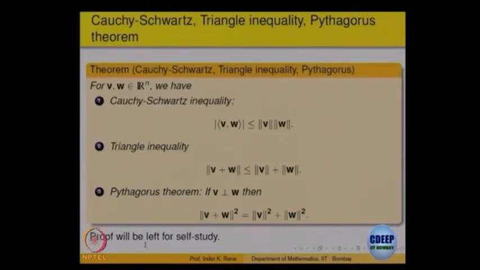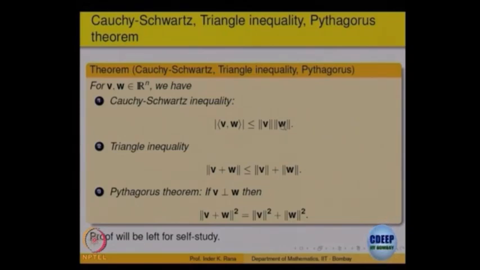Here are some things which I will not prove, we will just assume. This is what is called the Cauchy-Schwarz inequality. You must have proved it in R2 and R3, and the same proof actually continues. Namely, the absolute value of the dot product of v and w is less than or equal to the product of the norms, because in R2 and R3 the formula is norm v norm w cos theta, and the same relation is valid.